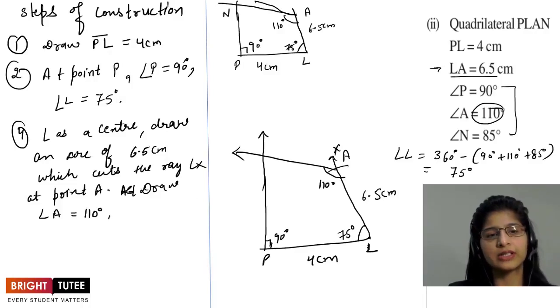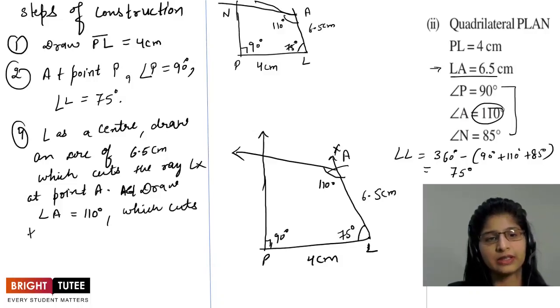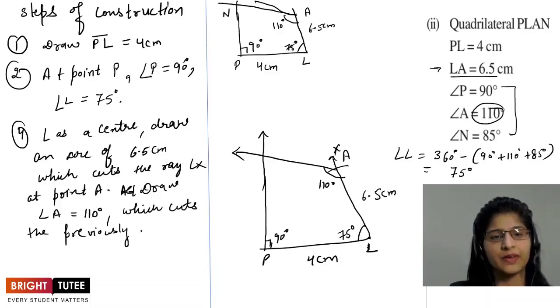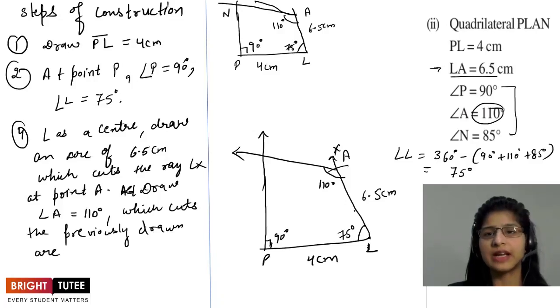So when we draw angle A, that is 110 degrees, it cuts the previously drawn arc, that means the 90 degrees arc. At which point will it cut? At point N.